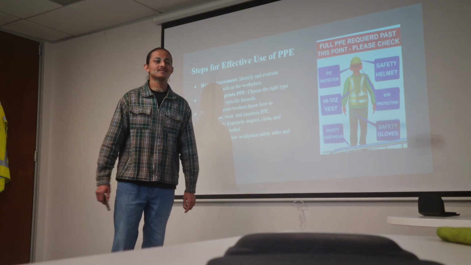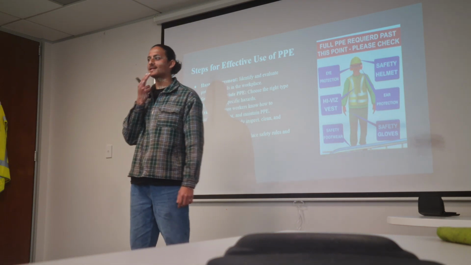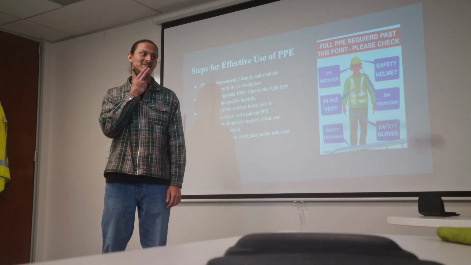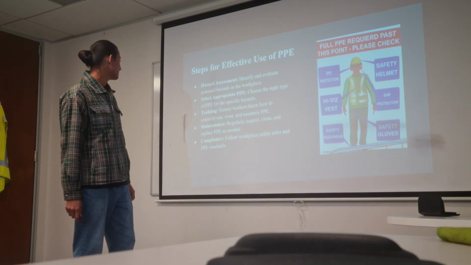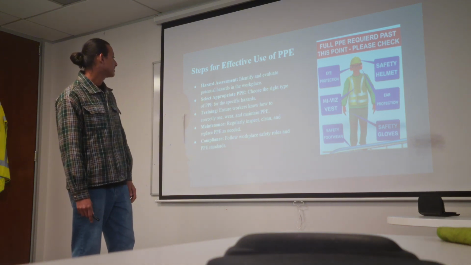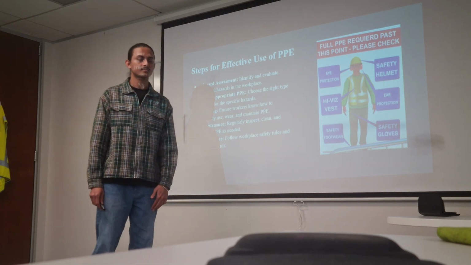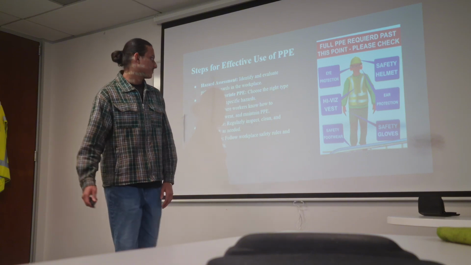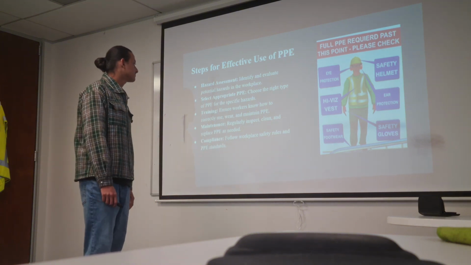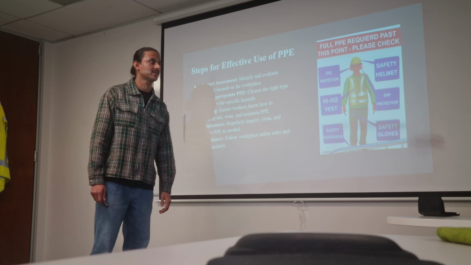PPE can be damaged: gloves can be damaged, vests can be damaged, boots can be damaged. Maintenance is very important. Compliance. Follow workplace safety rules and PPE standards as set by the NZBC. Following rules helps us prevent any disaster and material damage that can occur.